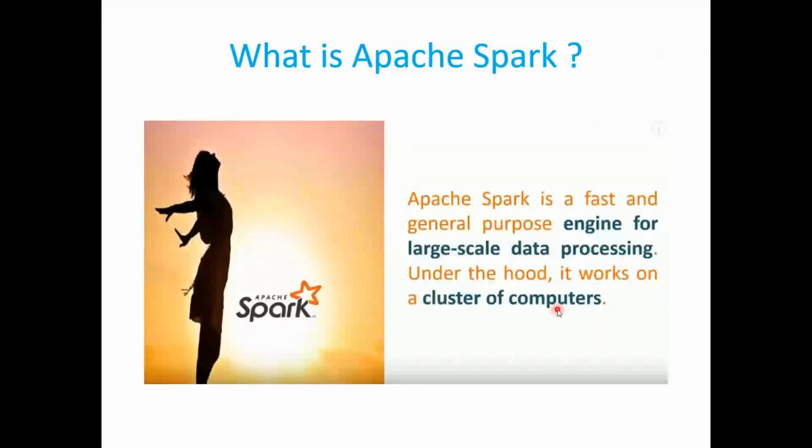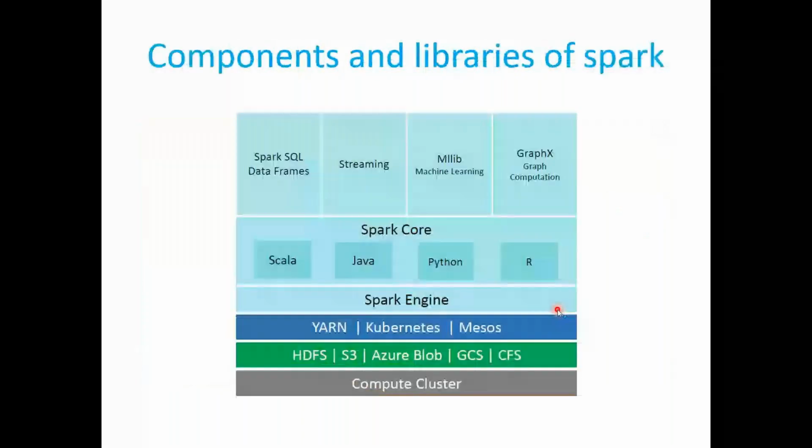Now, let us look at the components and libraries in Spark. You have to read this from bottom to top. You have the compute cluster, and the green block that you're seeing here is called a storage layer, where you can store your big data in HDFS, or if you're using Amazon AWS services, you can use S3.